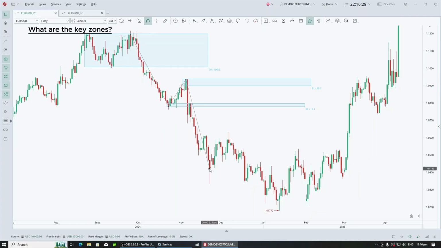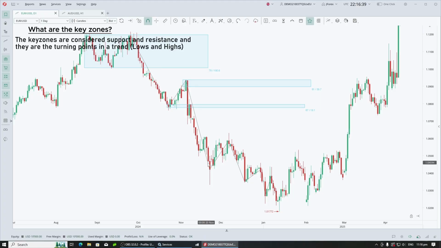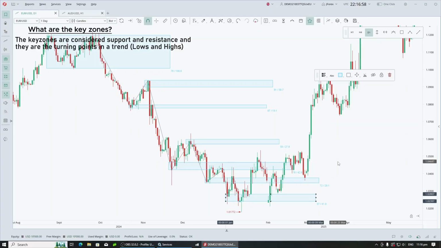So generally when you have this low, high, low, high, low structure in a downtrend, what are the key zones? The key zones are just your lows and your highs. Those are the key zones that you are supposed to be looking at in the market. Why these zones? Because they are incredibly powerful.